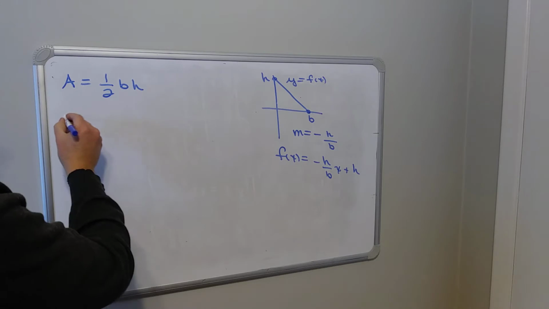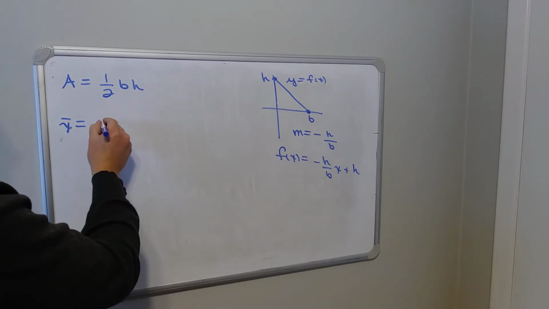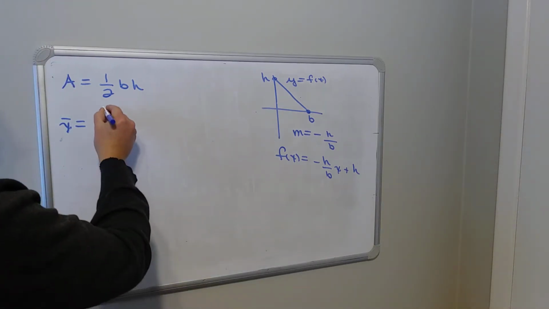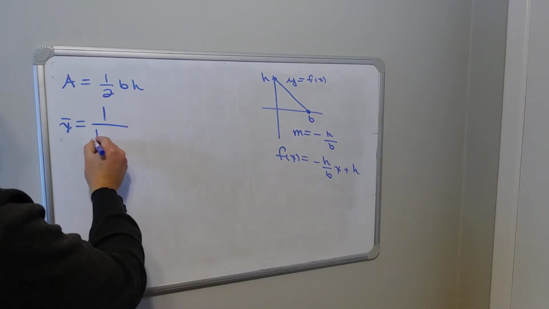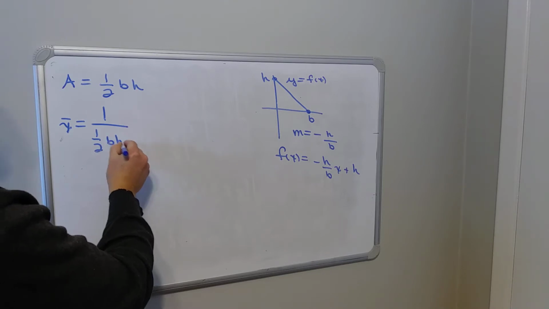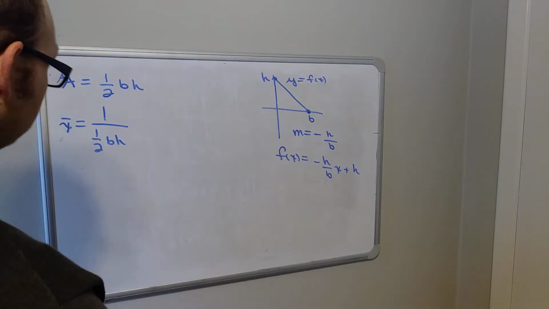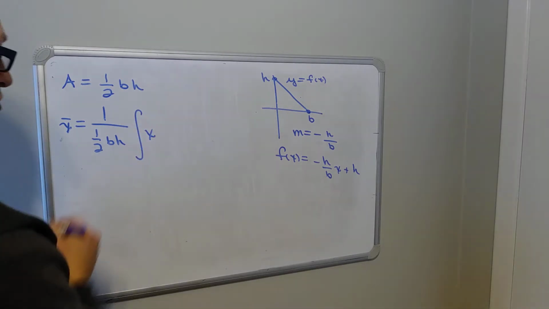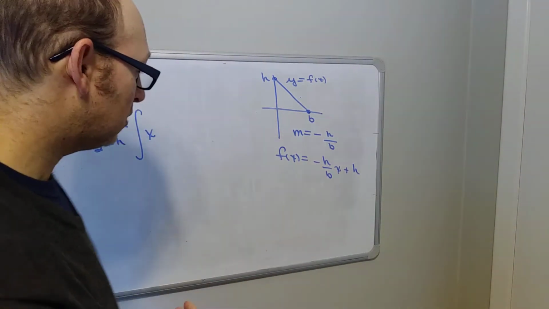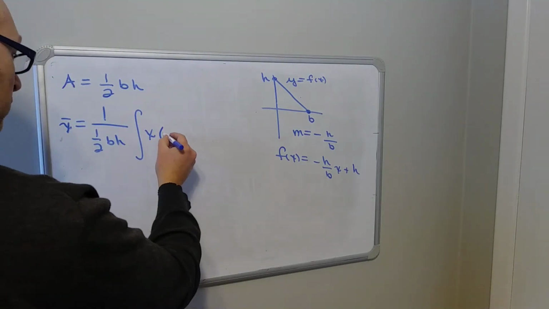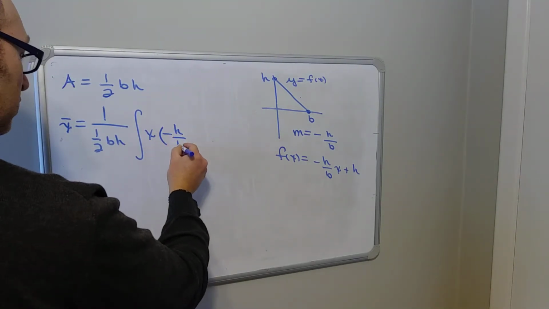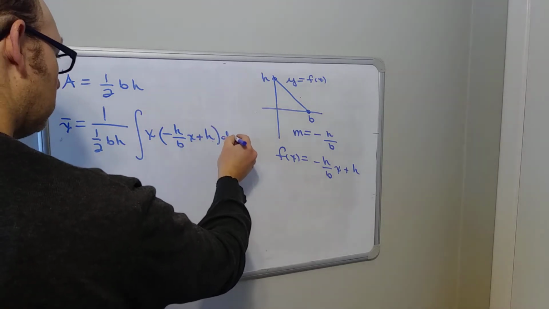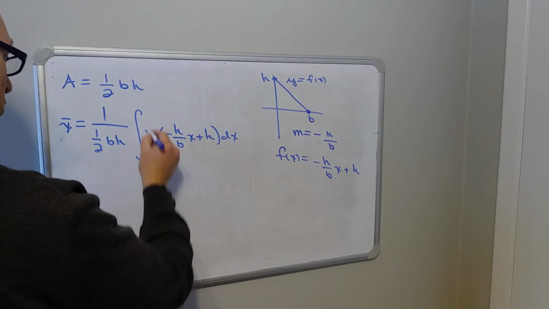Alright, so let's compute x bar. So that would be 1 over the area, so 1 over 1/2 the base times the height, times the integral of x times f of x, negative h over b, x plus h, dx from 0 to b.